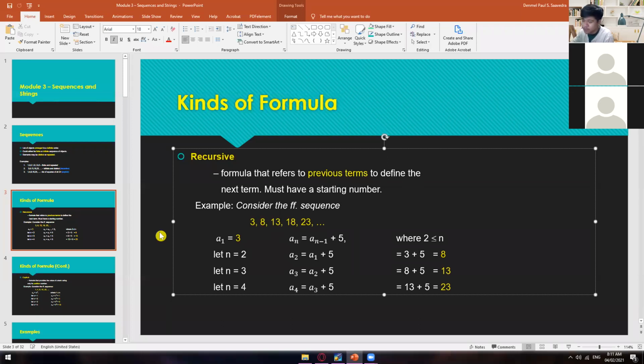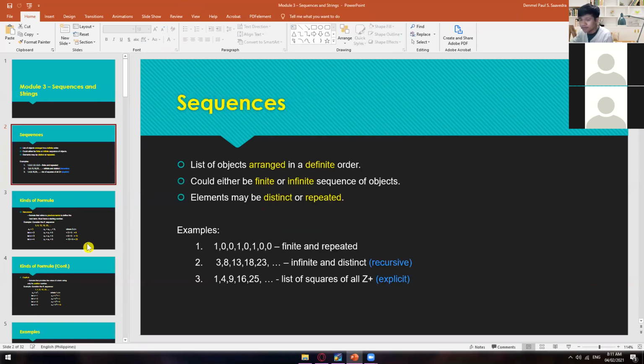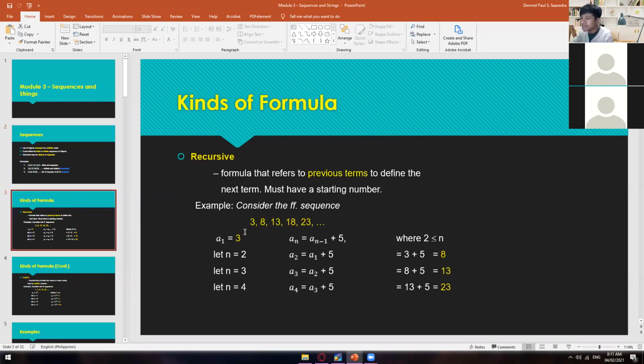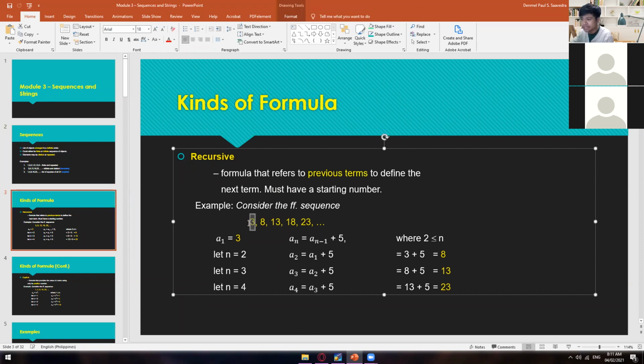So the same, this one is an example from the number 2. So a sub 1 here is indicating that this is the first term. Okay, a sub 1 is 3. Okay, and then we have this formula wherein a sub n is those terms. So first, second, third, fourth, fifth. And then this a sub n minus 1 plus 5.